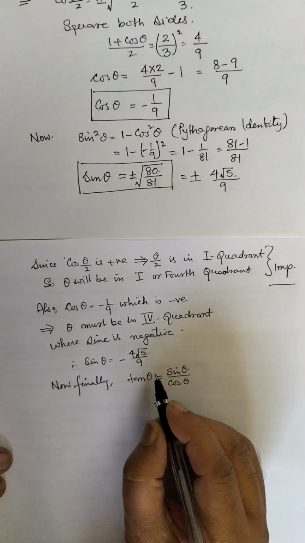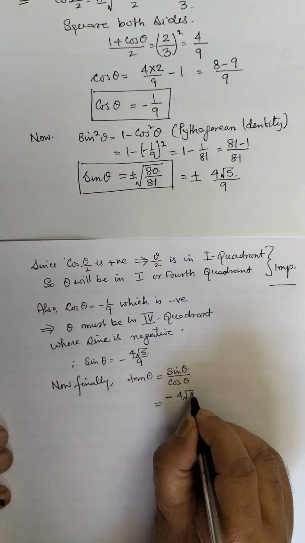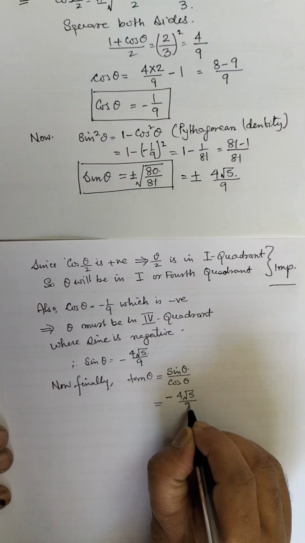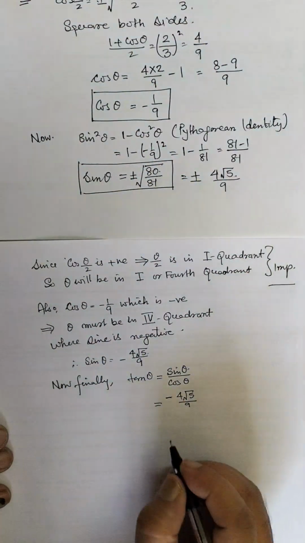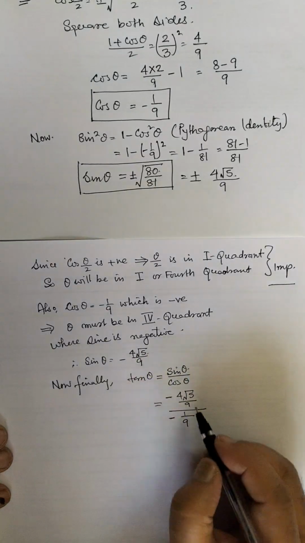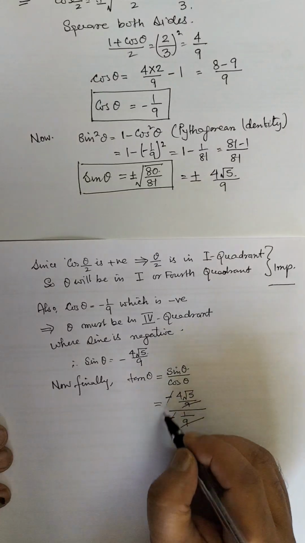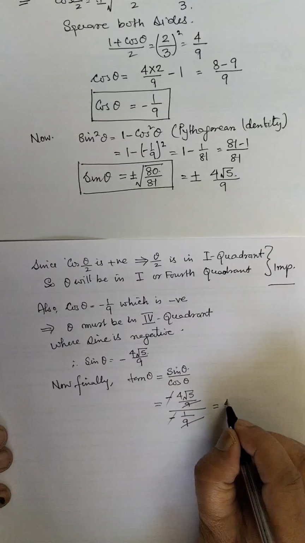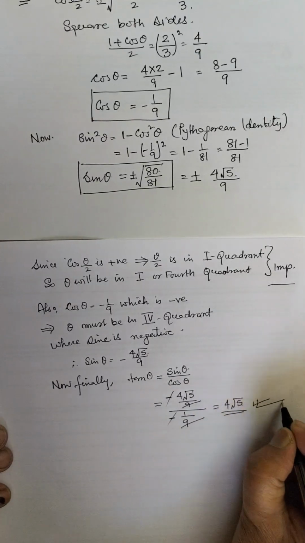And the value of sin theta is minus 4 times root 5 on 9, and the value of cos theta is minus 1 on 9. This 9 and this 9 will cancel. Minus and minus will cancel. We are left with just 4 root 5, and this is our final answer.